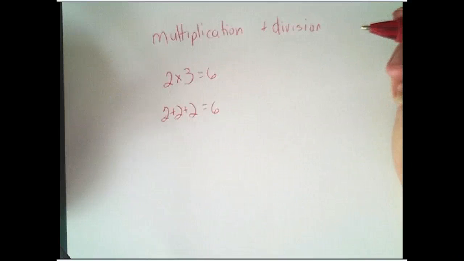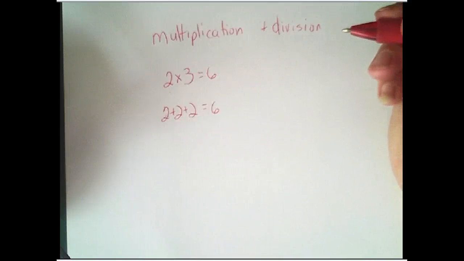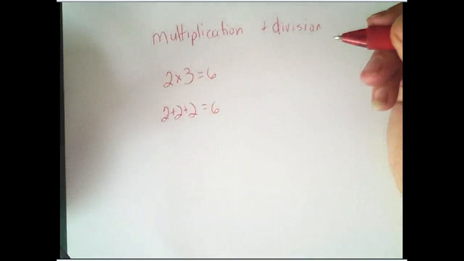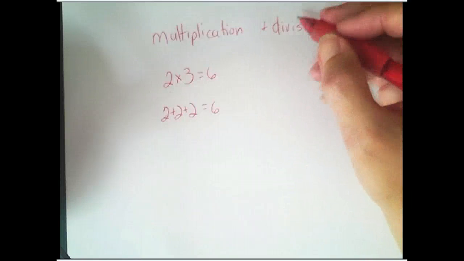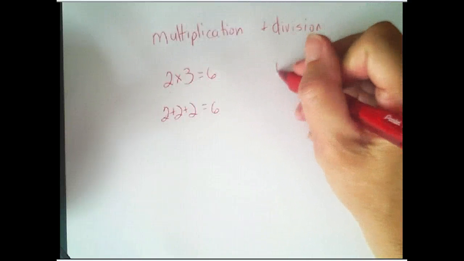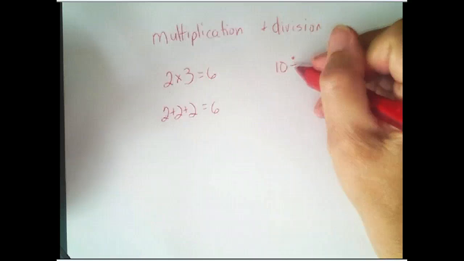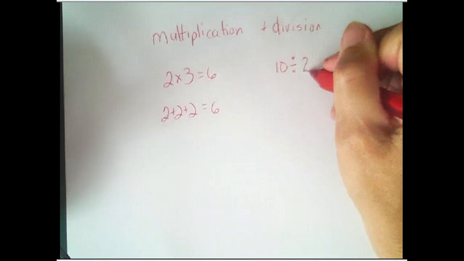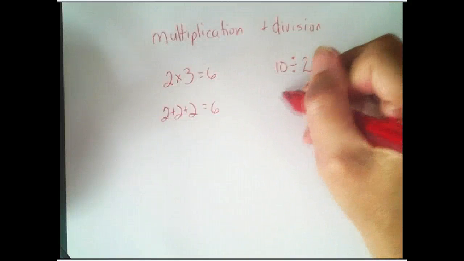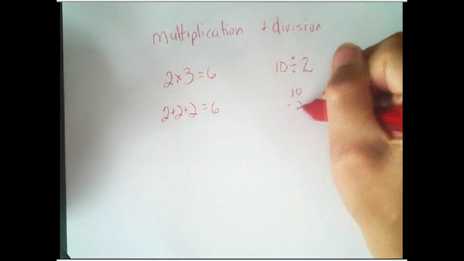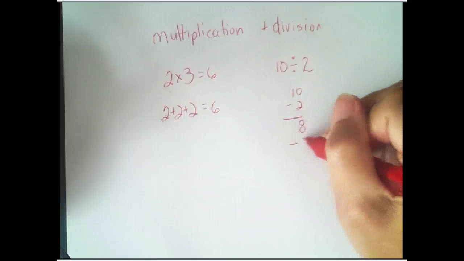When I have division, I am dividing equally. I'm dividing a set up equally into equal parts. It's also known as repeated subtraction. If I have 10 divided by 2, I'm going to figure out how many 2's can I subtract from 10 to get to 0.